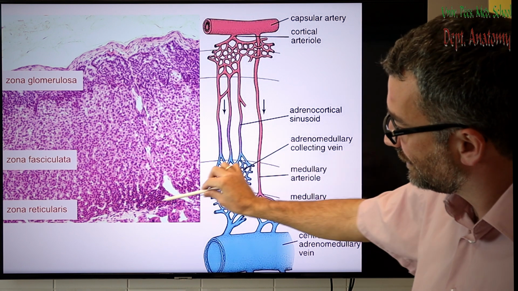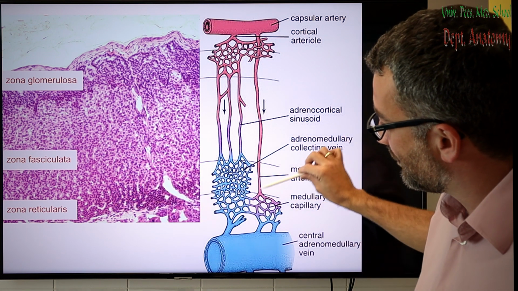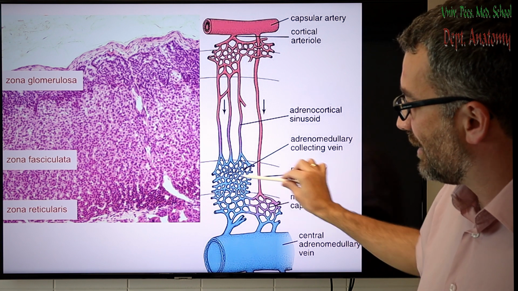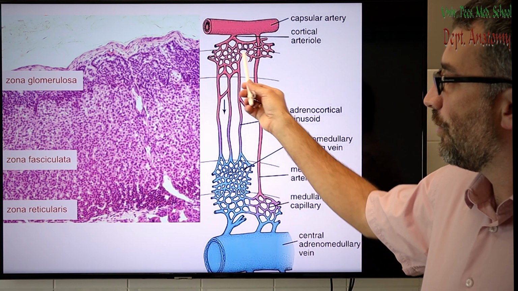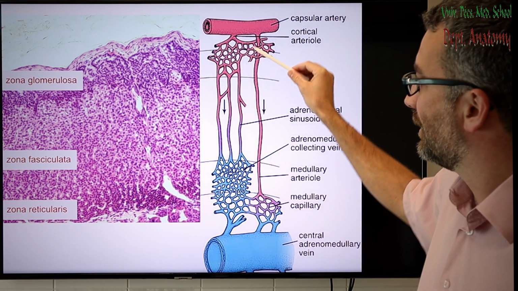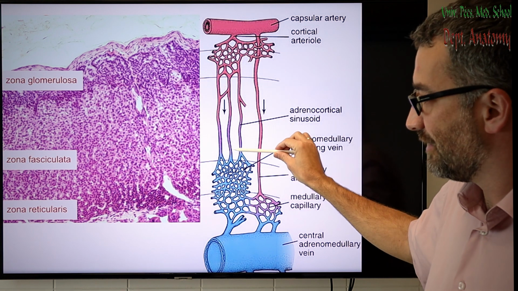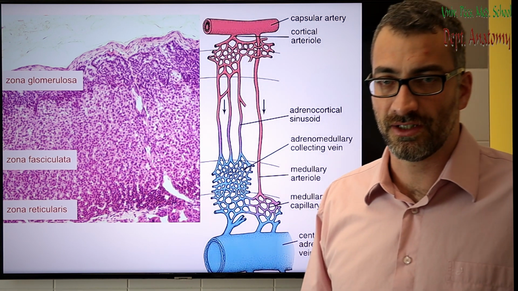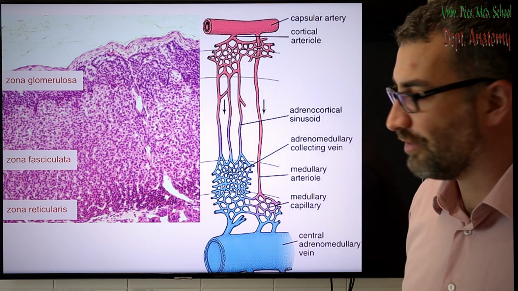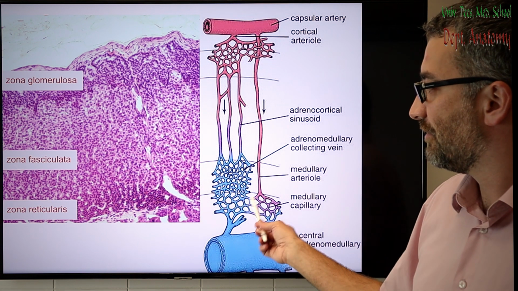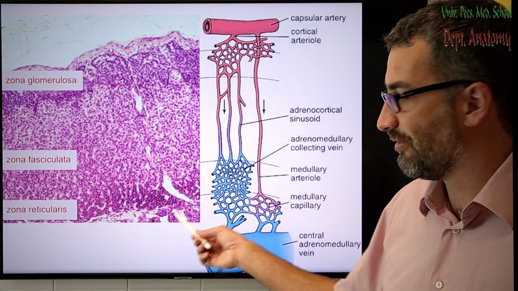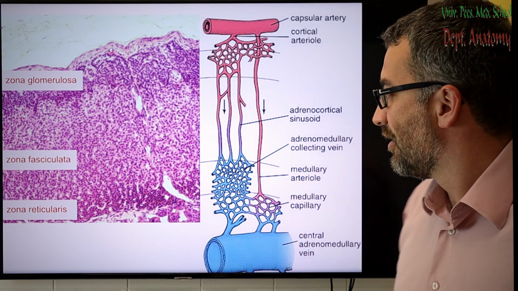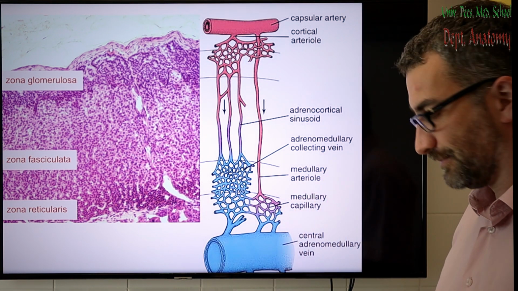So here, this is the border of the cortex and medulla, and this capillarization is actually found in the medulla. That means hormones produced in the cortex will reach the medulla in a relatively high concentration, and this high concentration of cortical hormones in the medulla will have also an important effect on the medullary cells producing their own hormones.